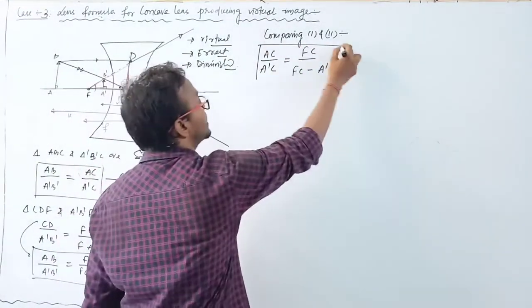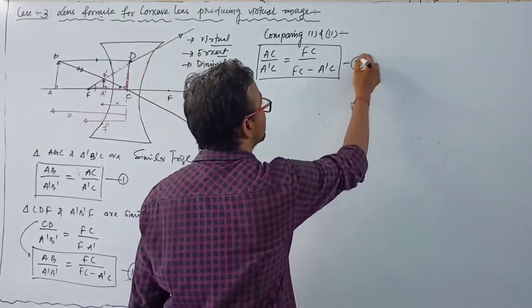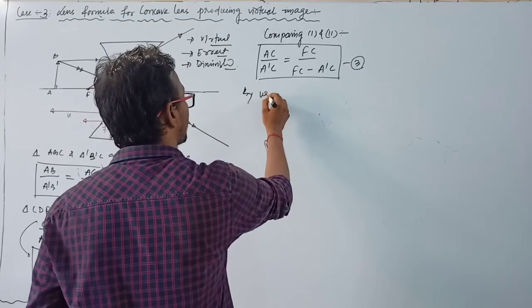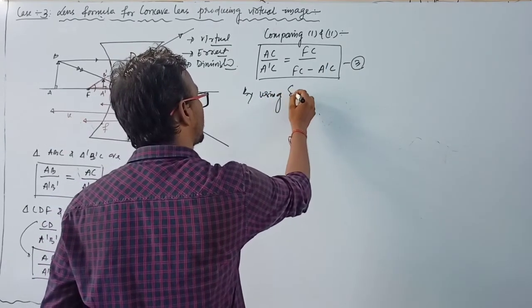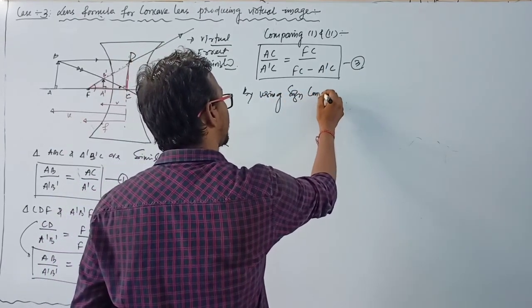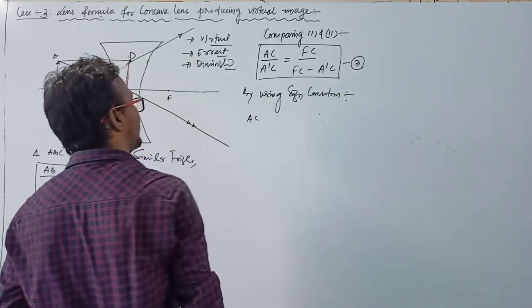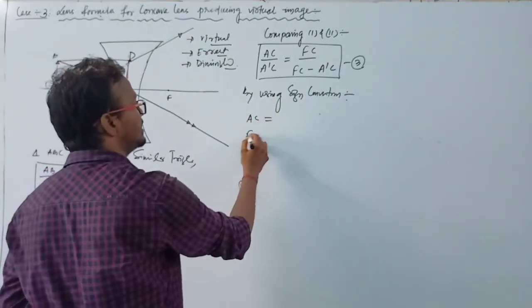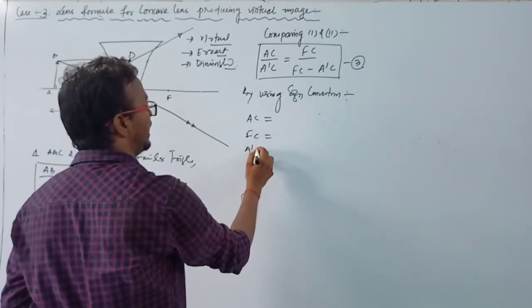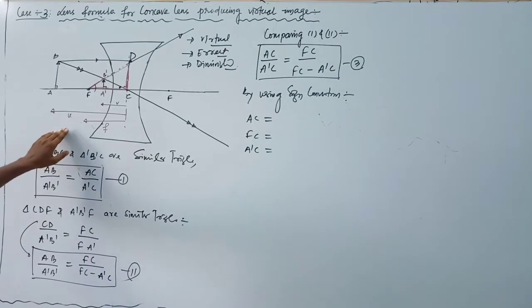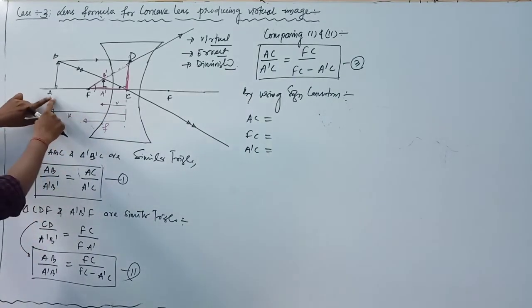This is equation number 3. By using sign convention, we have to find the values of AC, FC and A'C. Then look at this ray diagram and the value of AC.